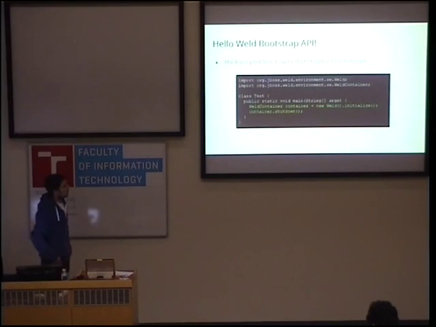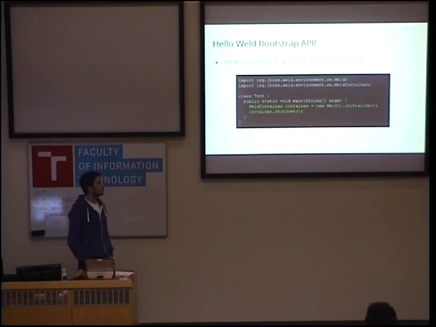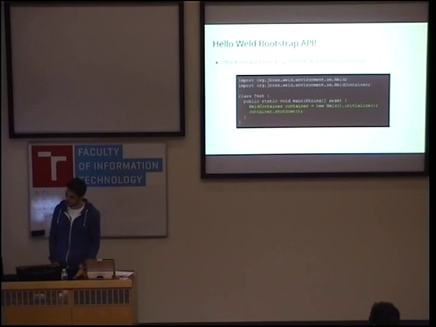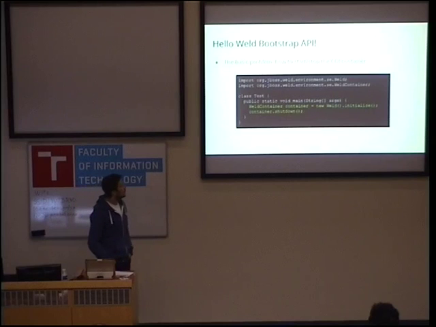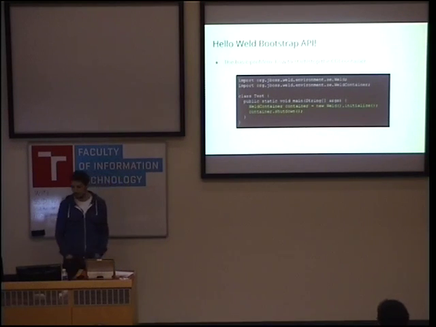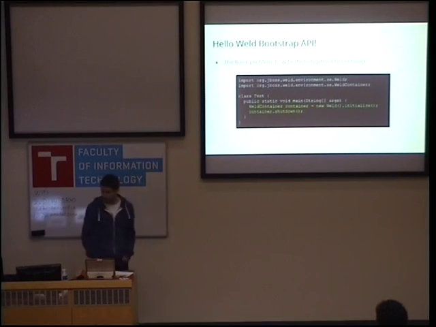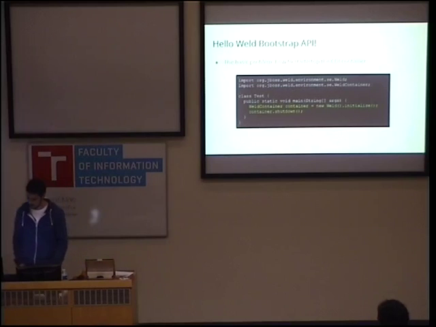So, as I said, the first thing we should do is to introduce the Bootstrap API. We have to start and stop the container somehow. Those green lines are the simplest possible use case. The first line starts the container, and the second line stops the container. As you can see, there are two specific classes.